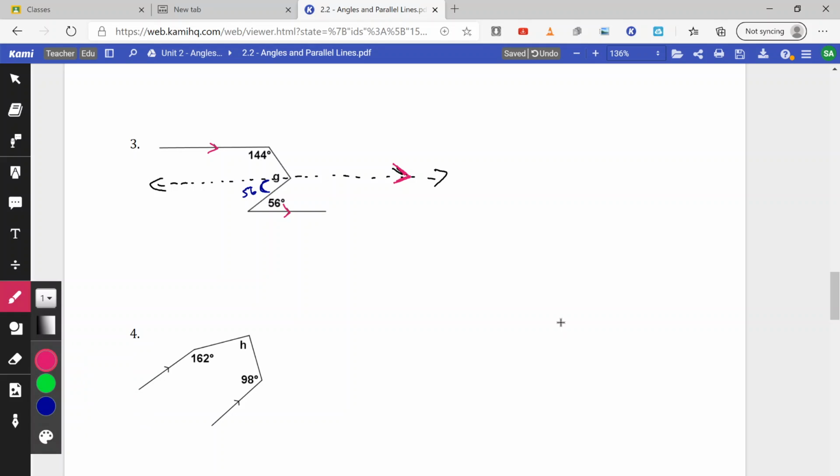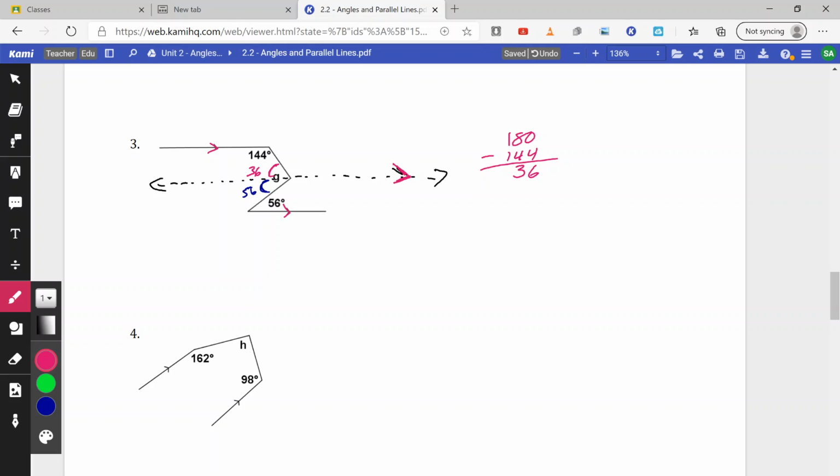So what is the relationship for 144 in this one? Again, they are consecutive interior angles and they add up to 180. So to figure this part out, we take 180 and we subtract the 144, which means that is a 36-degree angle up here.